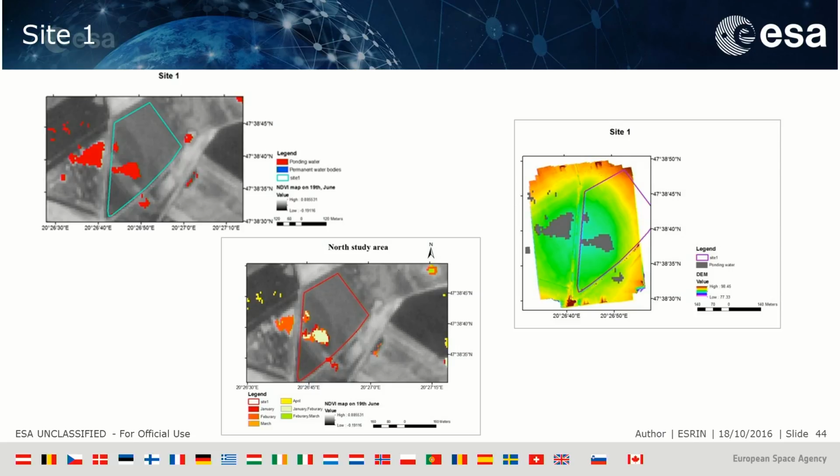If you do this at field level, you can get very detailed within-field distribution, not only about where the ponding is, this is our famous ellipse, but also about the temporal distribution of the inundation. So based on the time series, we could map which part was inundated when within the field.